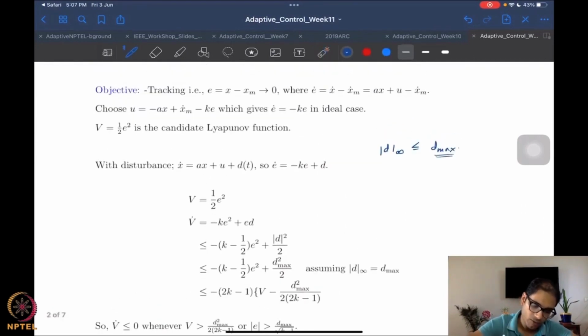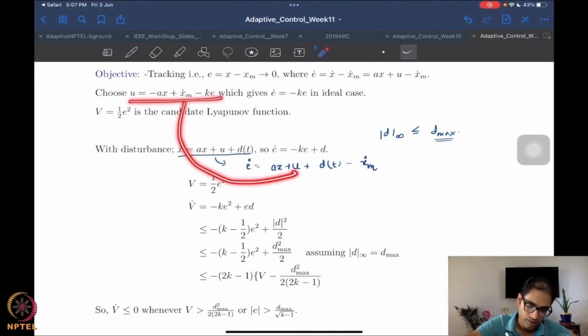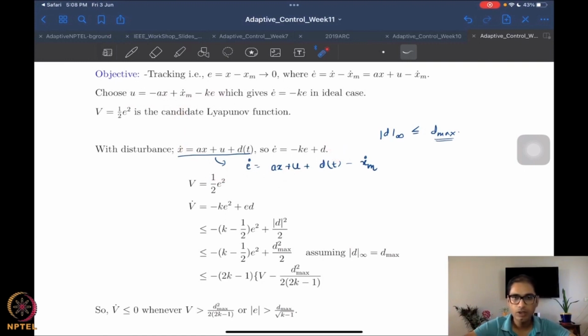If I want to write it out more carefully, with this x dot, my e dot would be ax plus u plus d of t minus xm dot, and if I substitute the same control here, this is what you will get. You will just be left with the d.